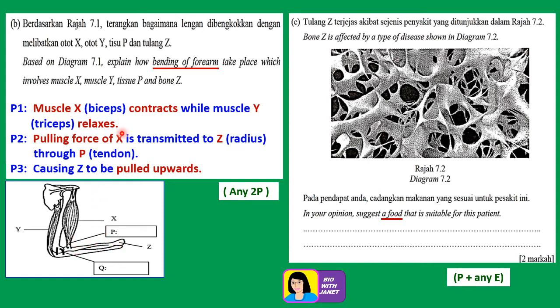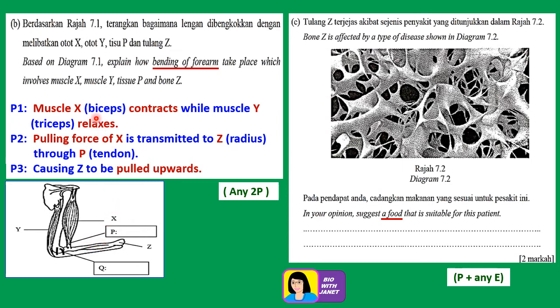So the pulling force of X, the biceps, as it contracts, is transmitted to Z, and to transmit to Z, it must go through P. So the pulling force of X is transmitted to Z, the radius here, through P, the tendon, right? To pull the bone upwards. So causing Z to be pulled upwards, causing the radius to be pulled upwards, and then the ulna will also follow. And that is the bending of the forearm.